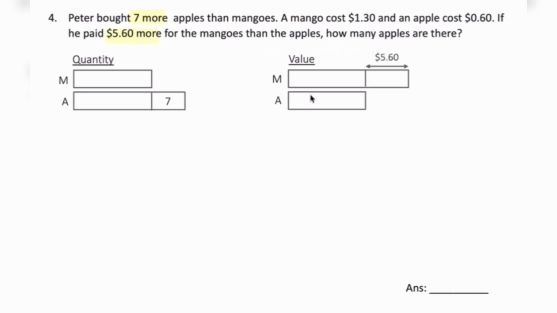Okay, I must tell you something, right? If the question says a mango costs $1.30 more than an apple, do you need to draw a model for that? You don't need, okay? I told you earlier that more than, less than, you must draw a model. But if the more than and less than is a comparison of 1 mango and 1 apple, 1 versus 1, don't need to draw a model.